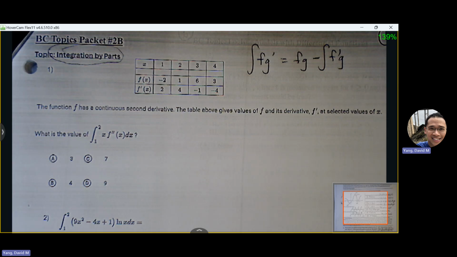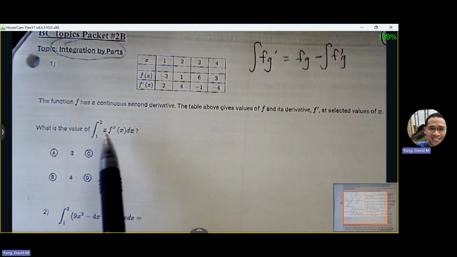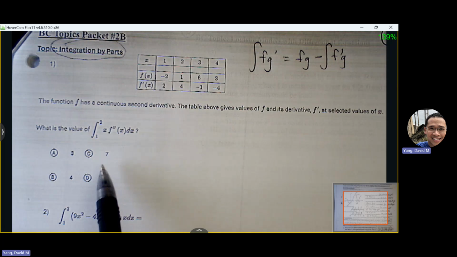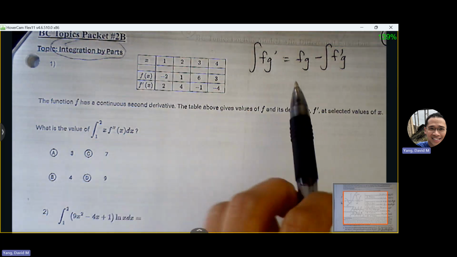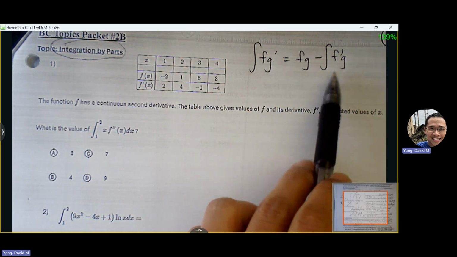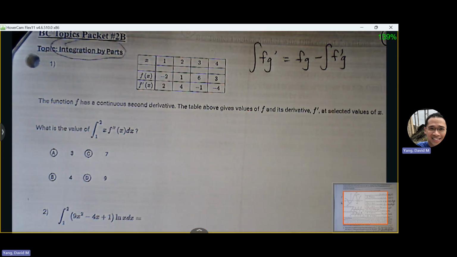What is the value of the integral from 1 to 2 of x f double prime of x dx? And we can already tell that u substitution is not going to quite get us there, right? If we do u substitution, we're going to get u f double prime of u, and that's not going to allow us to make much progress. So what if we think of one as f and the other as g prime, and we go through our integration by parts steps?